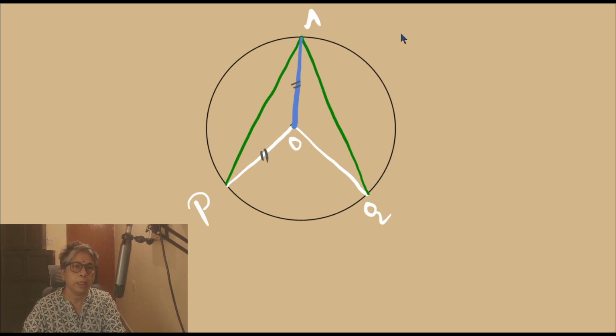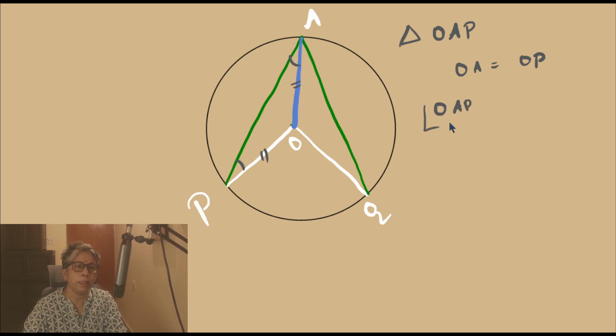So in triangle OAP, we have OA equal to OP. Hence, these two angles are equal: angle OAP is equal to angle OPA.